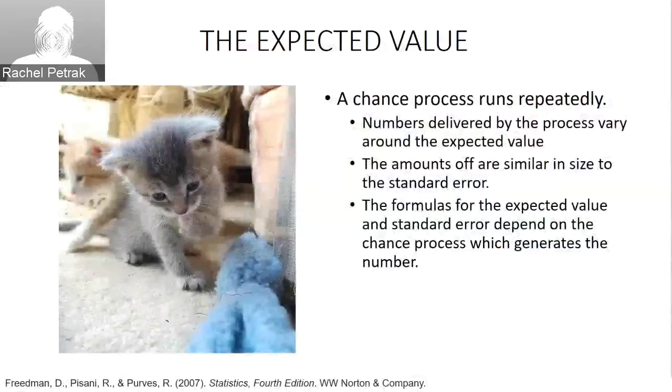The expected value is related to the idea of a chance process. In order to conceptualize an expected value, step back and remember that we're not just running a chance process one time, or looking at the probability of getting heads or tails on one toss of a coin or maybe across a couple of tosses.